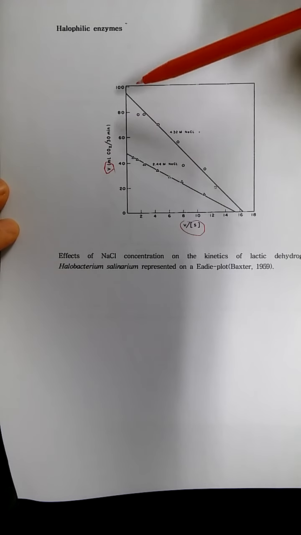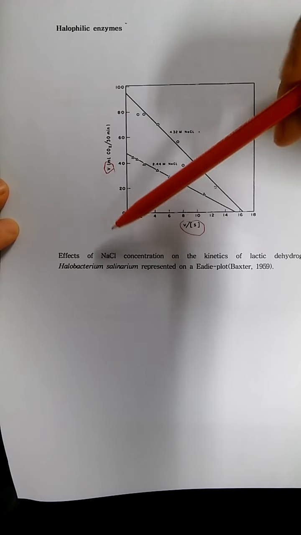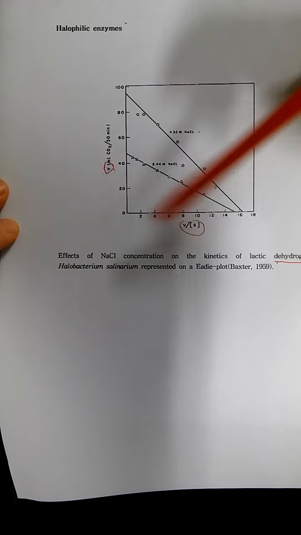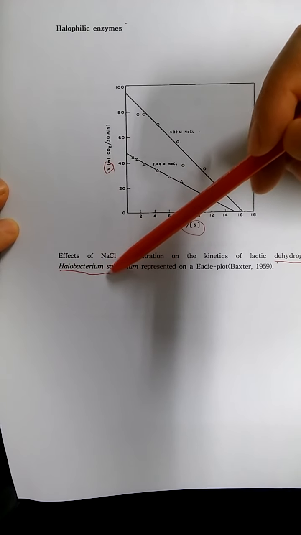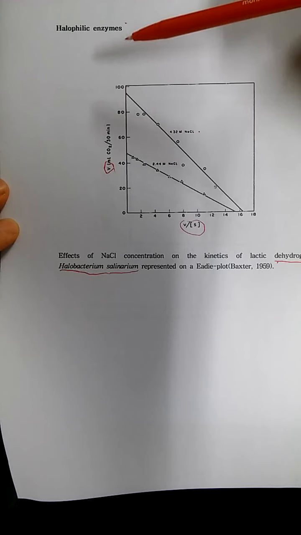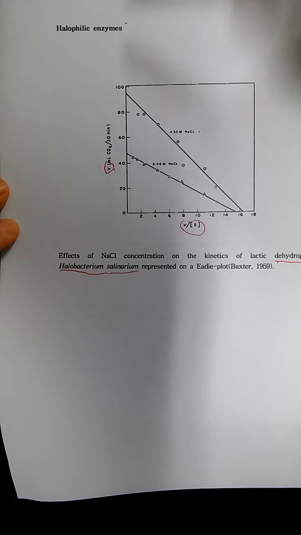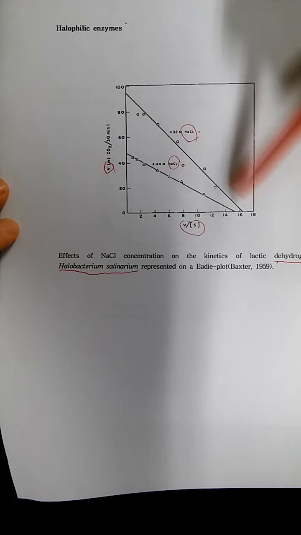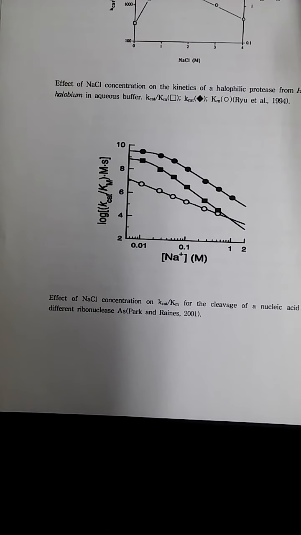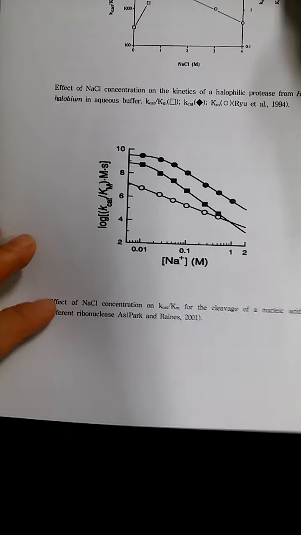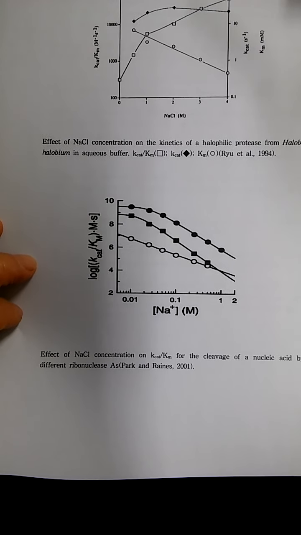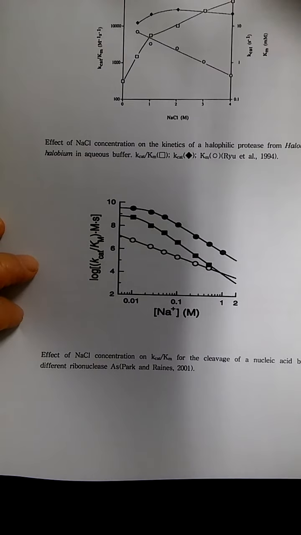As you can see, this dehydrogenase purified from Halobacterium salinarium shows that the salt, sodium chloride, can affect the kinetics. I'll just show you some examples to see how salt affects enzymatic catalysis.